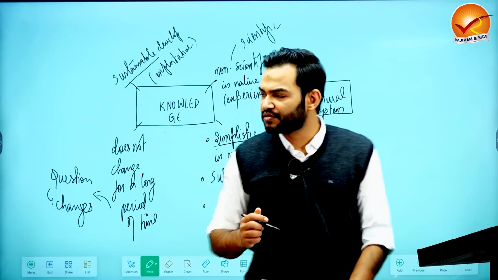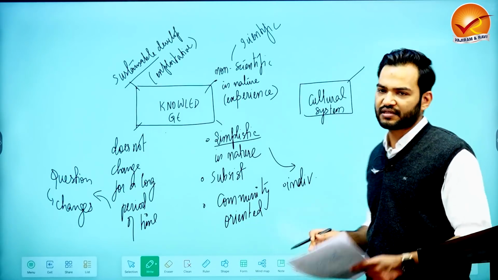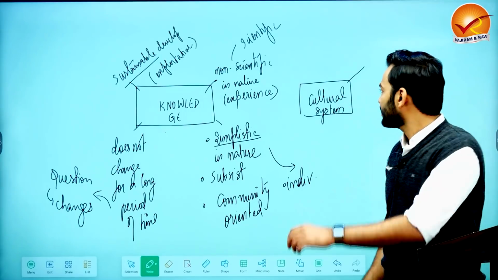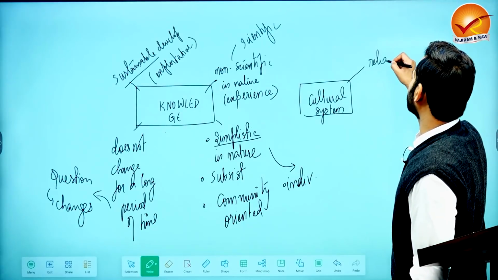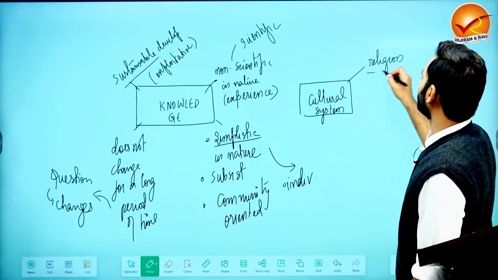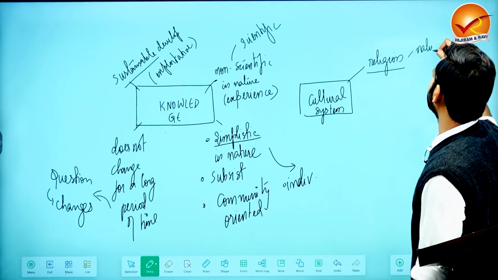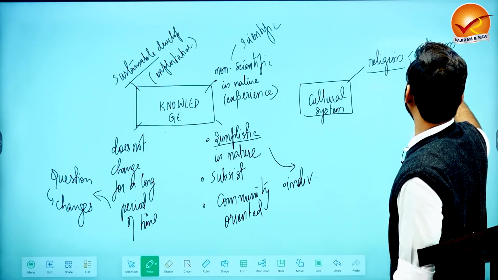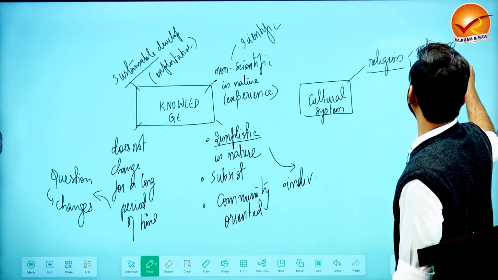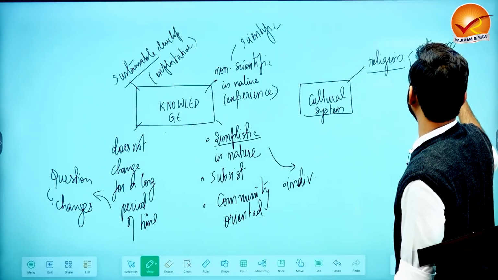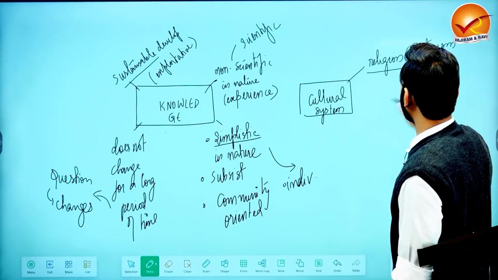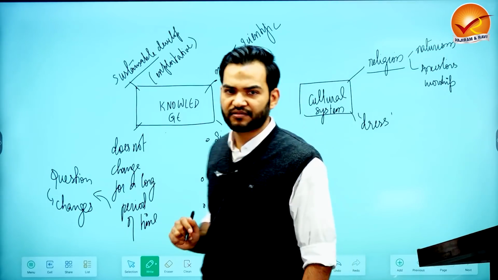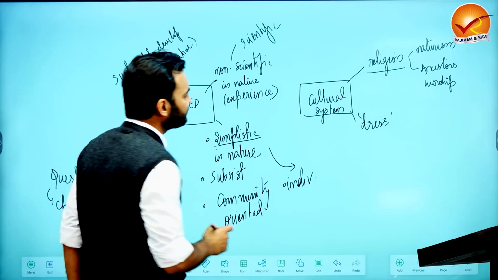With respect to uniqueness in the cultural system, what is unique in the cultural system here? With respect to religion, they have unique religious practices like naturism and ancestral worship. Then they have unique dressing patterns which are very different from the mainstream.